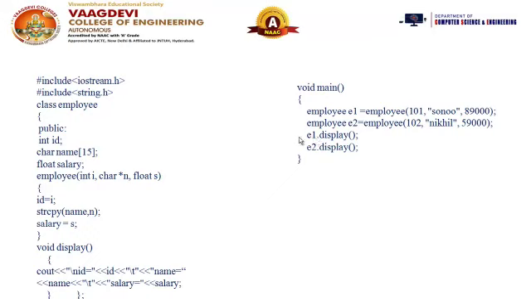The statement E1.display calls the display member function present in the class and prints the values of all data members of the E1 object. The statement E2.display calls the display member function which prints the values of all data members of the E2 object.